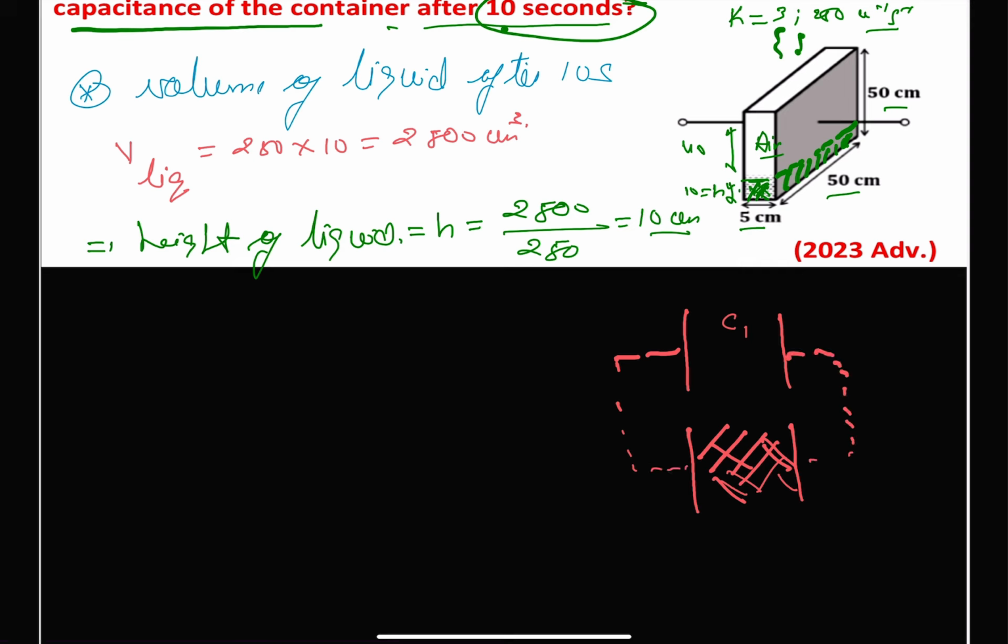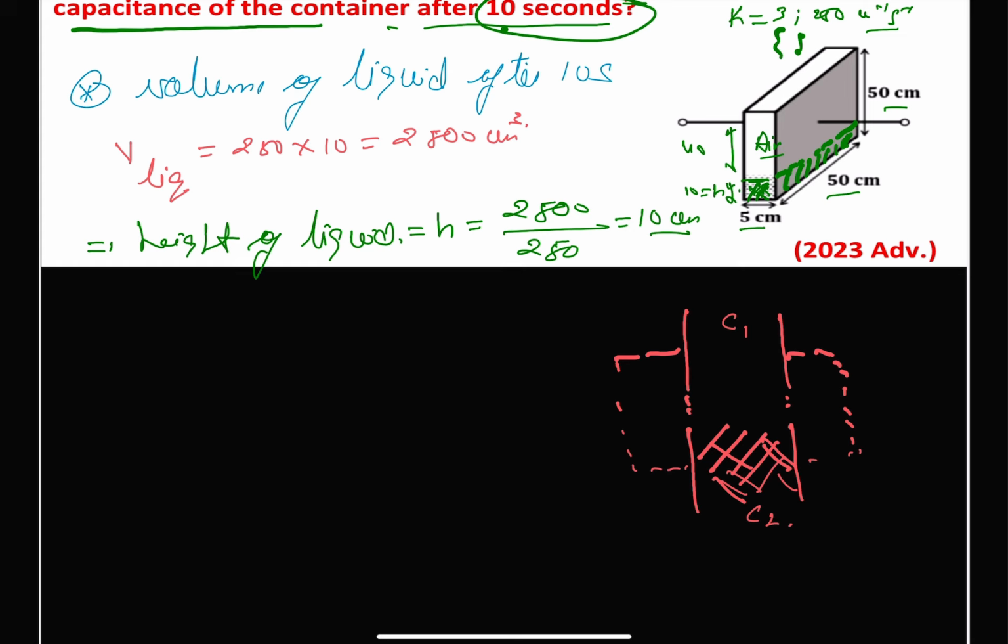Ideally they are connected through here, but for the sake of convenience, we just connect them externally. Let us call this C2. So let's find out C1 and C2.